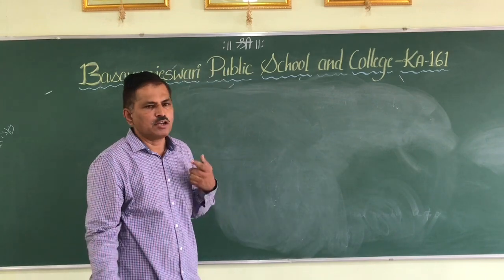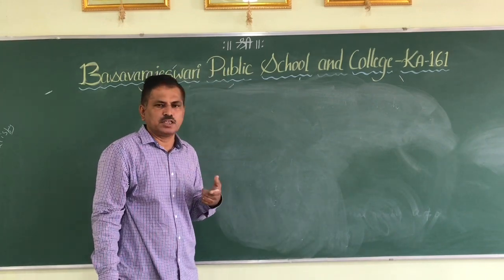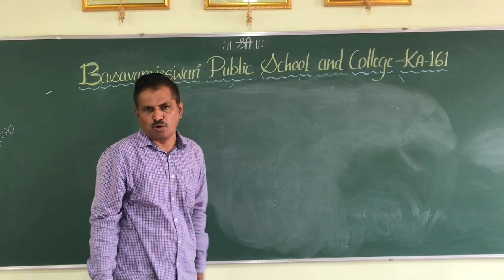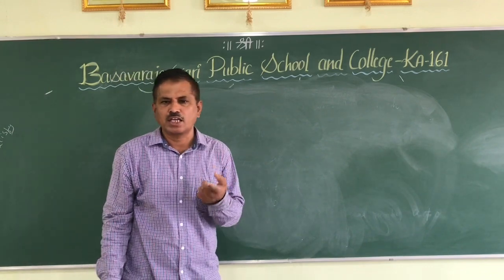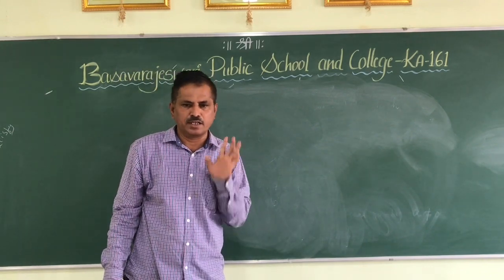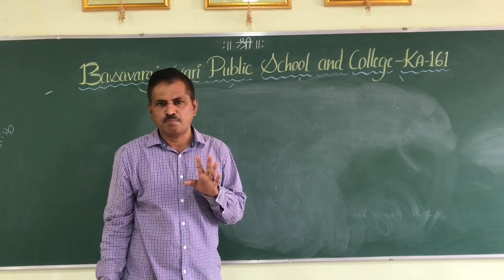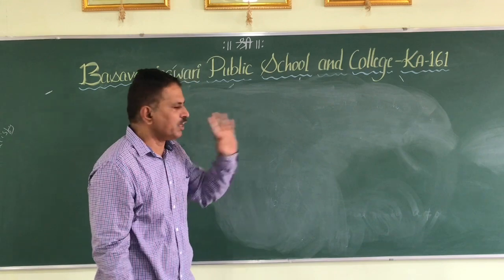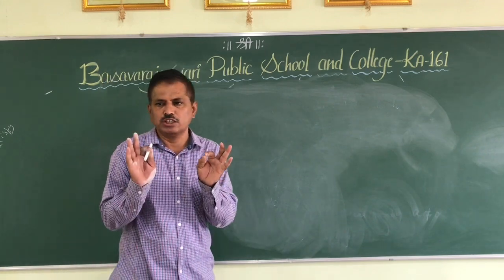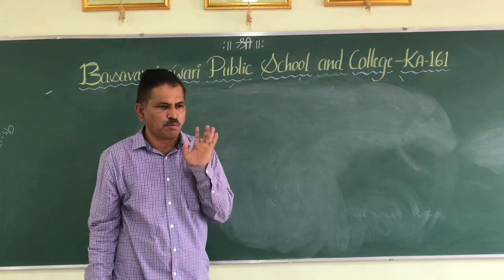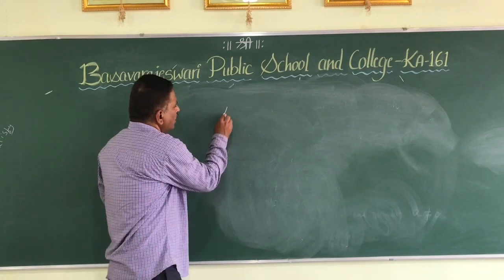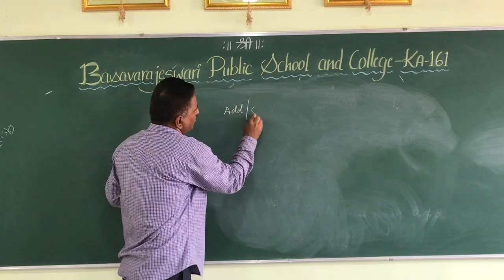Property 1, property 2 as well as property 3, the third property is more important. What does the first property tell? Adding or subtracting a real number on either side of the inequation does not change the inequation. This is the first property.